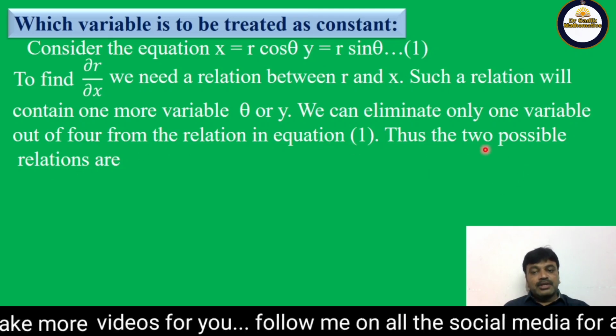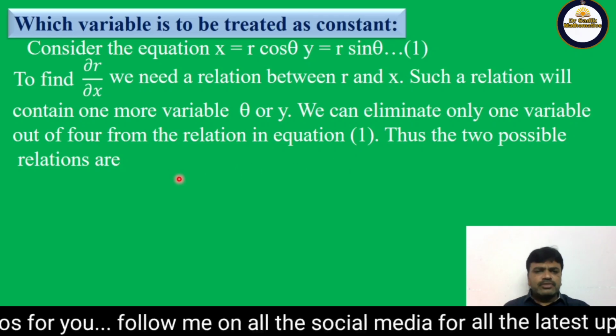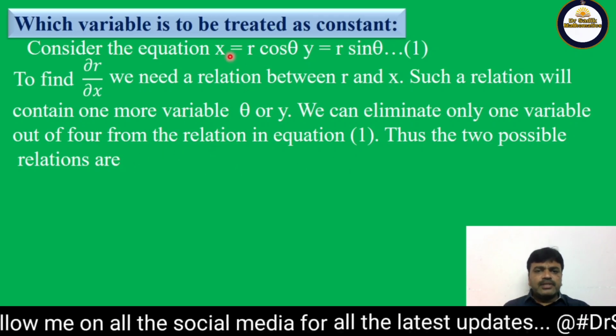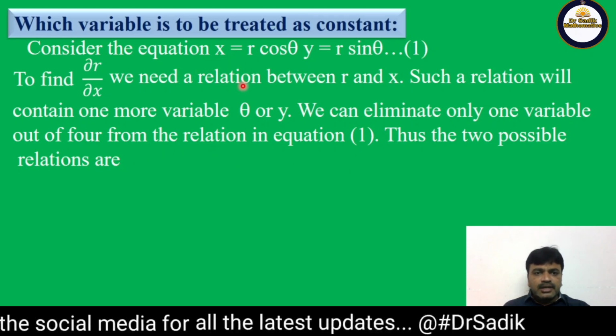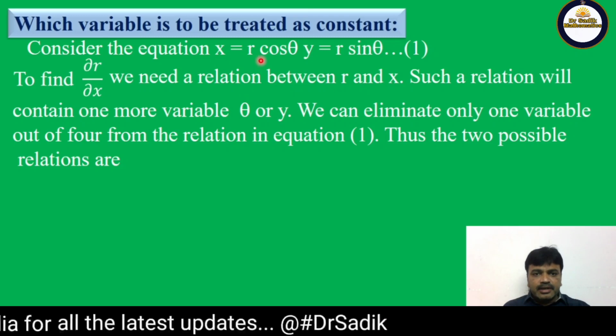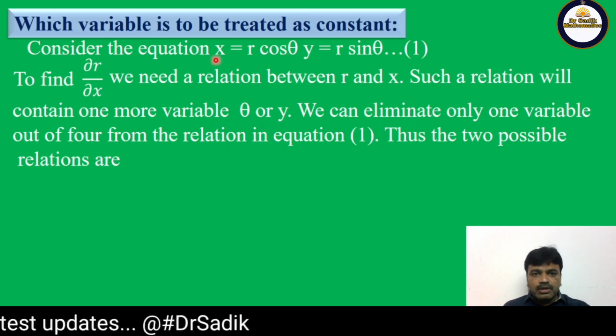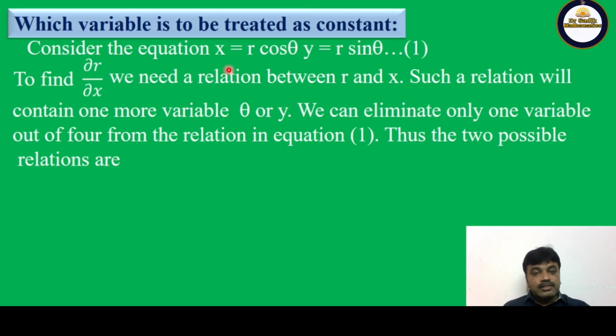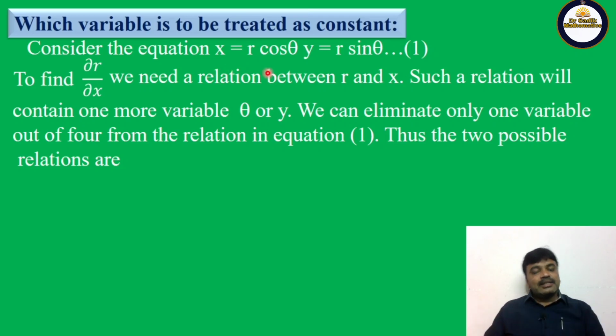What is the relation? Here, relation is r and x. This can be written as r is equal to x by cos theta, so we get r is equal to x secant theta.